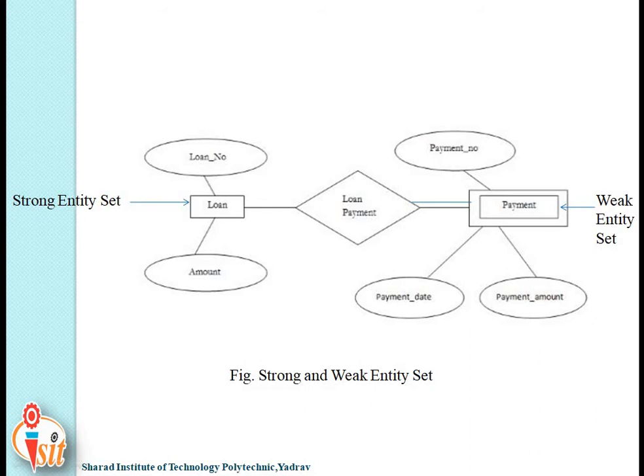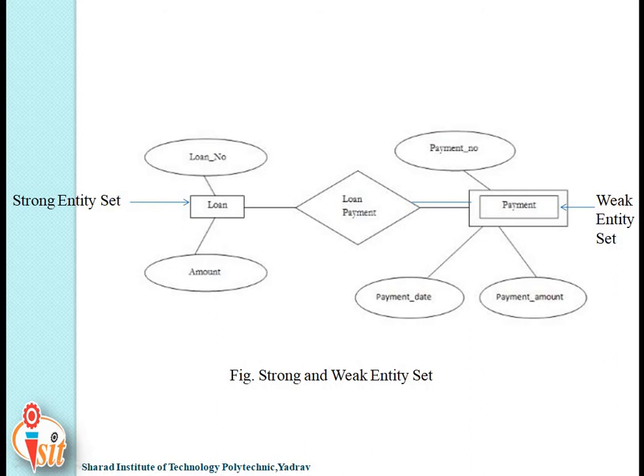Payment date could be the same, as many customers are paying installments on the same date. Payment amount may be the same for many loan accounts. Thus the payment entity does not have any attribute to describe it uniquely.